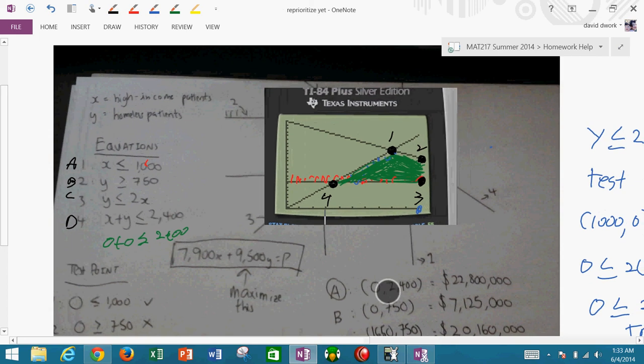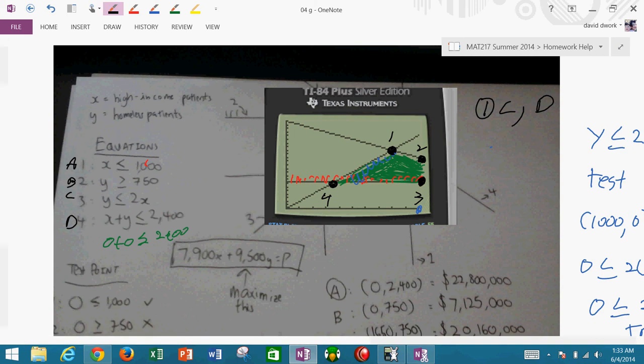So therefore, what makes corner point 1? Corner point 1 is made from the intersection of line C and line D. Now, because of how those look, I can use any of the techniques from chapter 3. It would be relatively easy to find that corner point using substitution because I know y equals 2x, and so therefore I can just substitute that into x plus y.